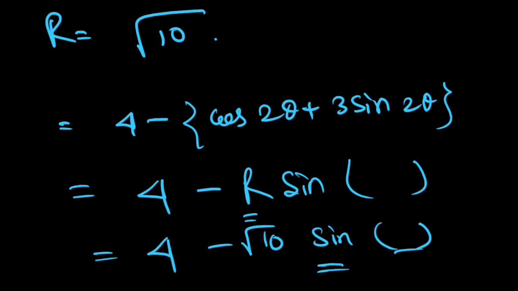We want to find the minimum value of this function, so we put the maximum value of the sine function, which is 1. Therefore, the minimum value of our function is 4 minus root under 10.